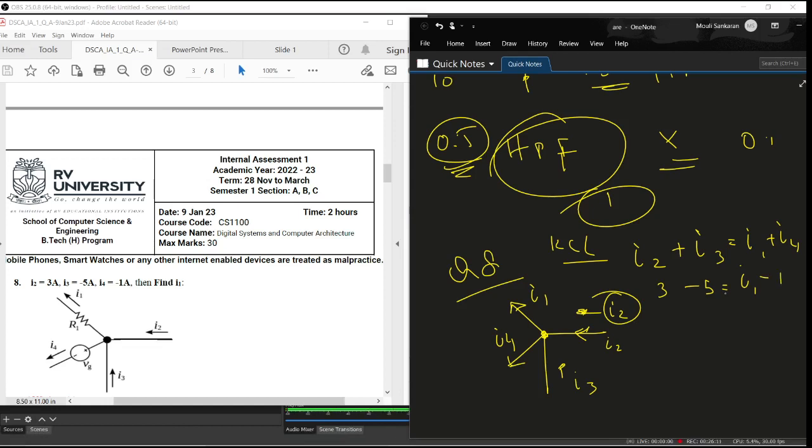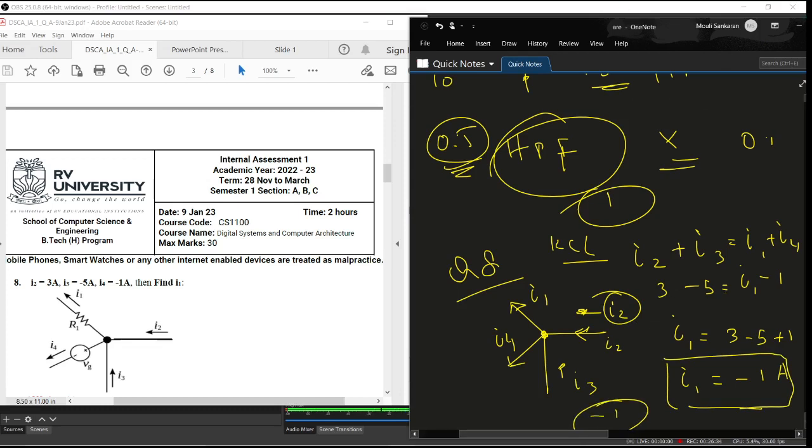Minus 1. Now we need to find I1. So plus 1 will come here. 3 minus 5 plus 1, that means minus 1. I1 is minus 1. And please mention ampere now. Okay, this is the answer. I1 equal to minus 1. Now, actually speaking, if ampere is missing, if you give just minus 1, you should be getting 0.5 marks less.